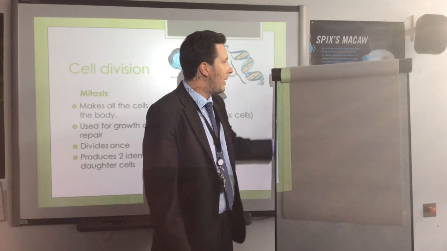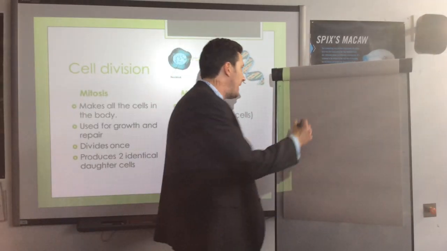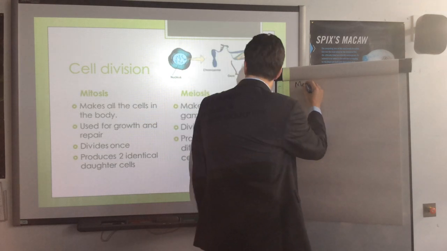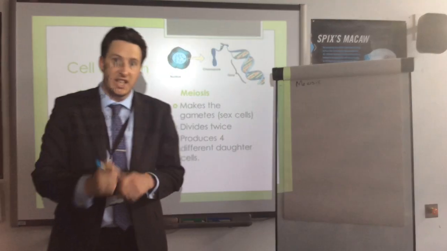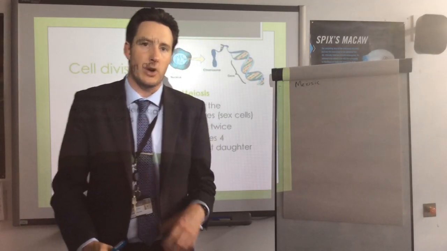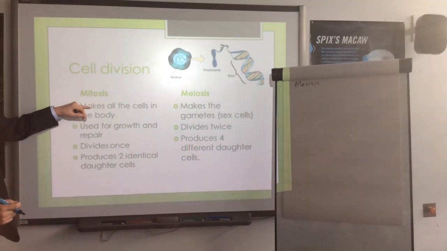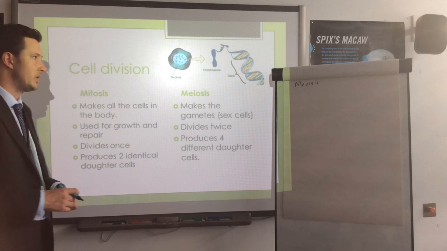We're going to talk about a human again. Humans have 46 chromosomes, 23 pairs. They could ask you about a different organism, but if they did, you wouldn't be expected to know the number of chromosomes. They would tell you, but you need to know that if you start with 46 in mitosis, you end with two cells both with 46.